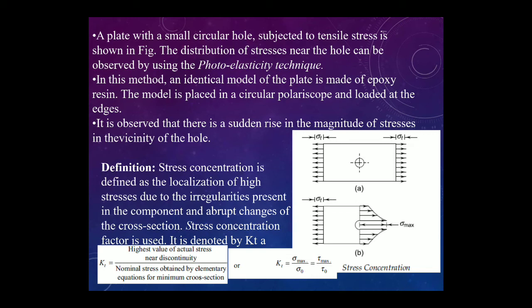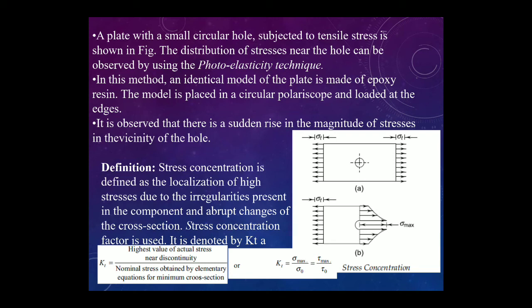The distribution of stresses near the hole is observed by using the photoelasticity technique. In this method, an identical model of the plate is made of epoxy resin. The model is placed in a circular polariscope and loaded at the edges. It is observed that there is a sudden rise in the magnitude of stresses in the vicinity of the hole, as we can see from figure B.